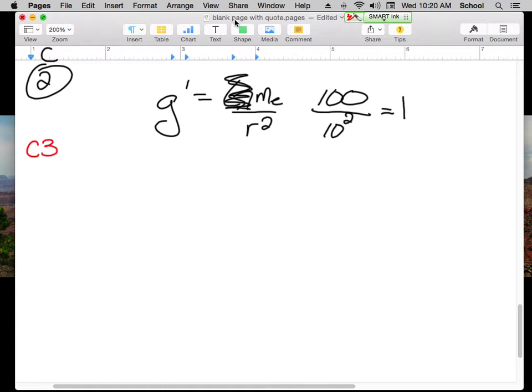Okay, moving on to C3. In C3, Sammy is trying to establish orbit over a planet. His ship sensors indicate that the planet's acceleration due to gravity is 3.21 times 10 to the negative 6 meters per second squared. So we have 3.21 exponent negative 6 meters per second squared as our g prime. We want to know how high above the planet's surface he's orbiting.